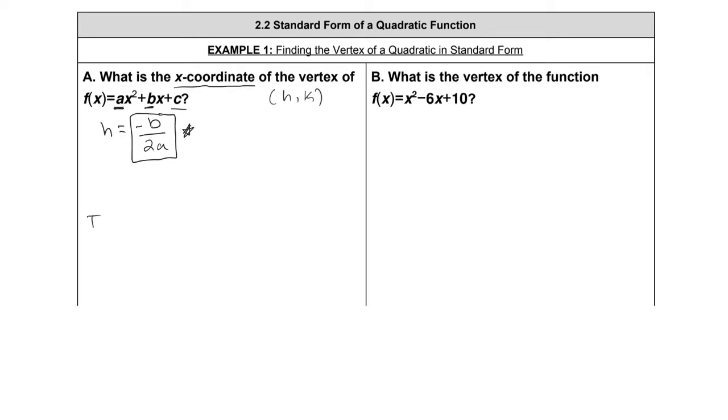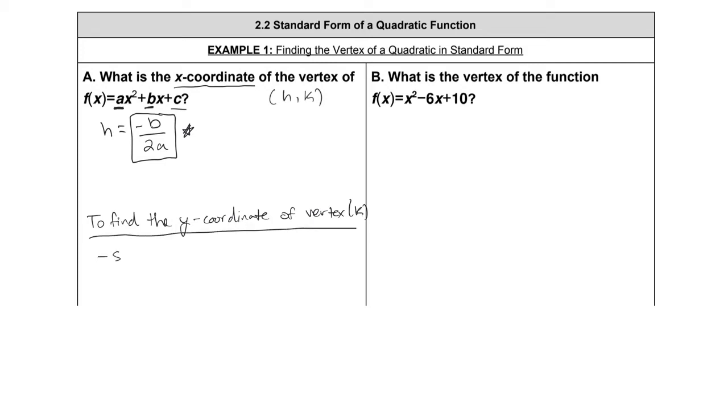Now, to find the y coordinate of the vertex, which is our k, we're going to follow these steps.